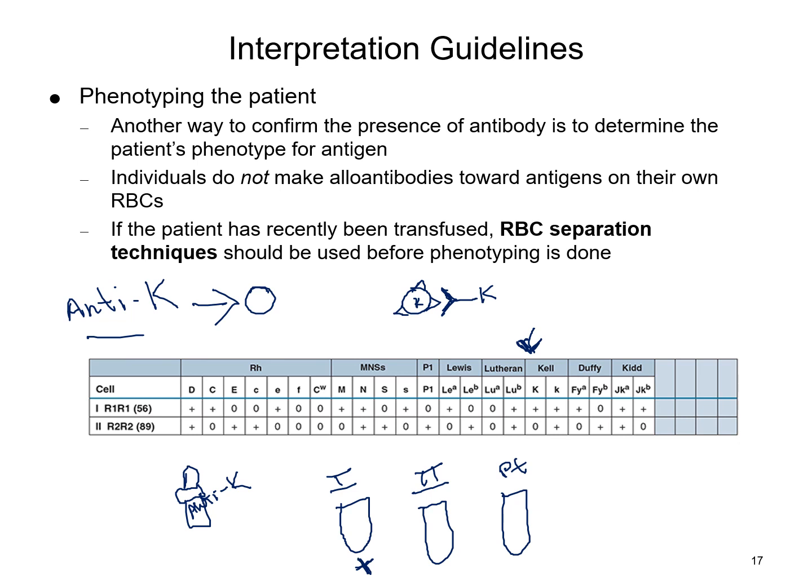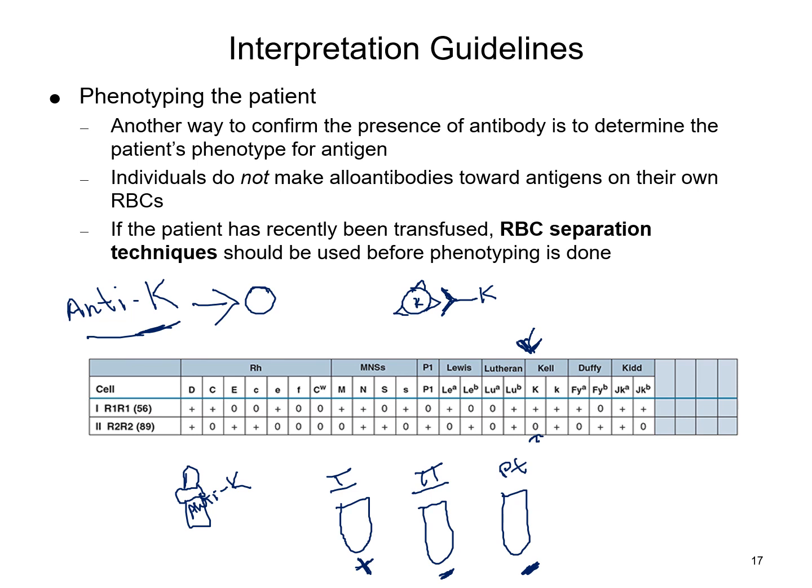Tube 2 does not have that K antigen, so if we mix tube 2 with anti-K, we should expect a negative reaction. And then again, if our patient has anti-K, that means they lack the antigen, so we would expect our patient to also test negative. So you would use your phenotyping sera, your anti-K, and test it against your positive control, negative control, and your patient, and your patient should be negative.